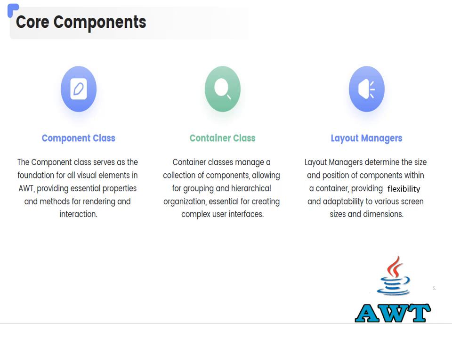The container classes manage collections of components, allowing for grouping and hierarchical organization, essential for creating complex user interfaces. Finally, the layout managers determine the size and position of the components within a container, providing flexibility and adaptability to various screen sizes and dimensions.